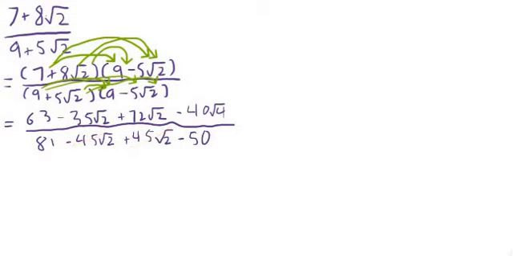And simplifying this, we will have 63 plus 37 root 2. That is when you add these two together. Then you will have minus 40 root 4.